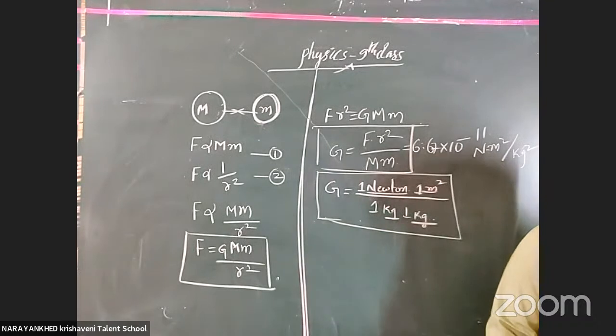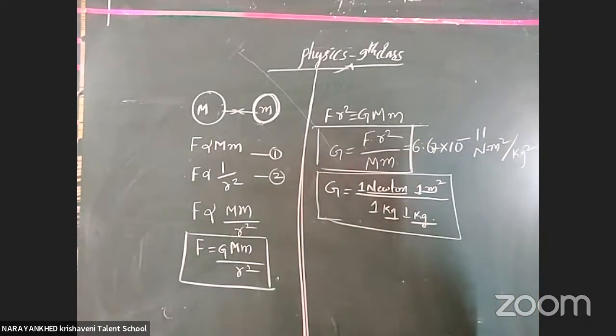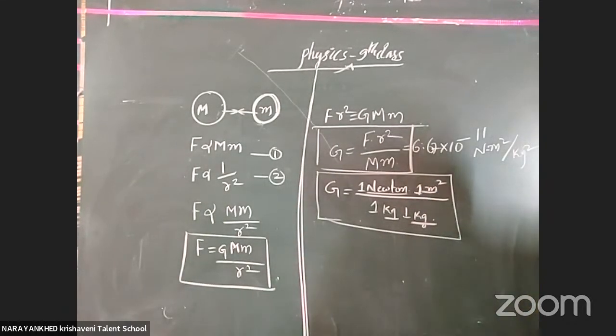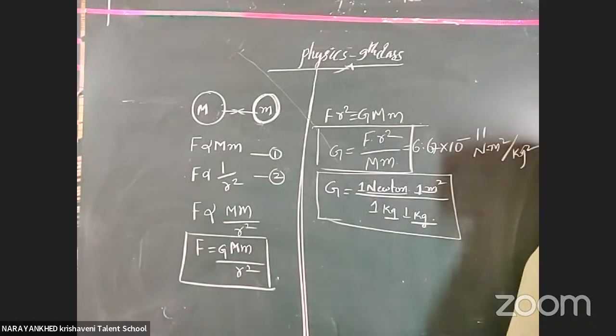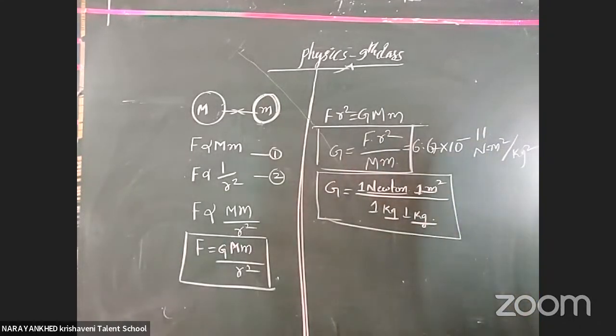We already have it in our regular syllabus also. There are gravitational forces, and whatever characteristics and properties there are, we already discussed here. Once again we repeat the characteristics. What was the first characteristic we discussed earlier? The gravitational force between two bodies or objects does not need any contact between them.